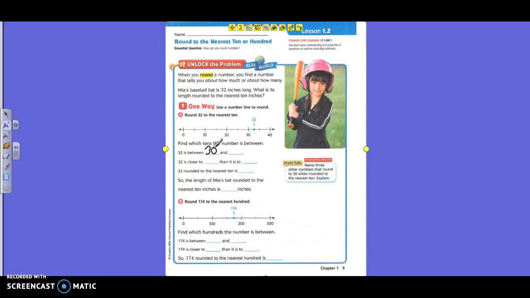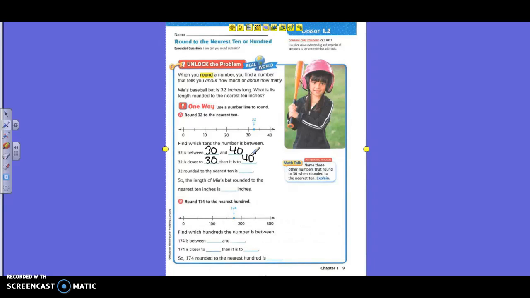What's the second tens number? 40. Is 32 closer to 30 or 40? 30, Carter. 32 is closer to 30 than it is to 40.